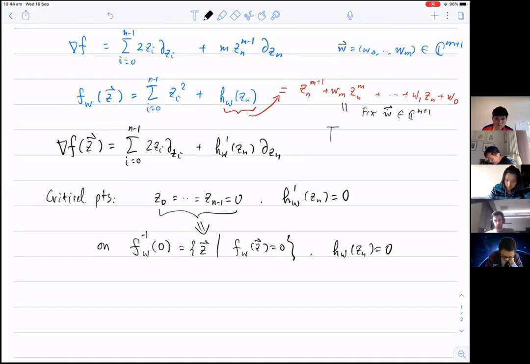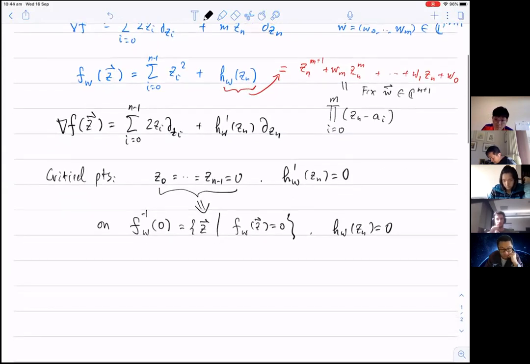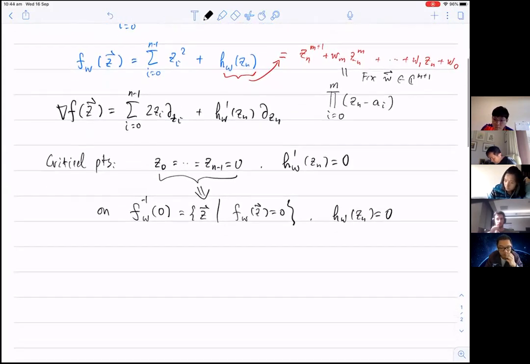So I can write, let's look at the product of Zn minus a_i, i from 0 to n, where the a_i are the zeros with multiplicity. So this means that Zn will be these zeros.